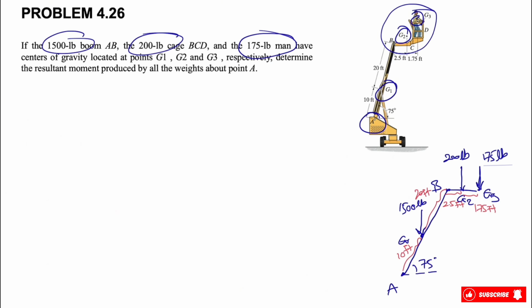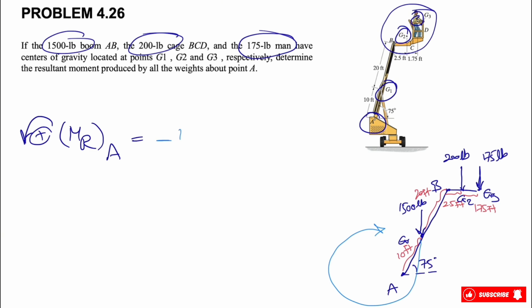So all we need to find is the moment of the resultant, which is all of these three forces about point A, and as always we call counterclockwise positive. Let's start with the 1500 force, and I'm gonna show it in different color, then we can see it easier. So what we need to do is to find the moment of 1500, and as we can see, this will be the direction of the moment about point A, which is clockwise, so we have a negative sign, and the force is 1500 and it's already in x and y direction if we call our x and y like this.